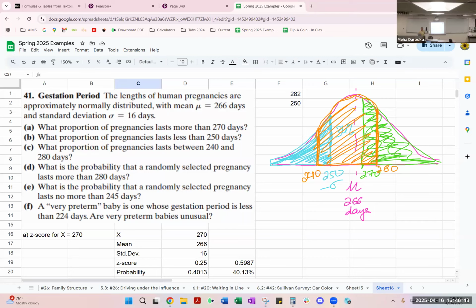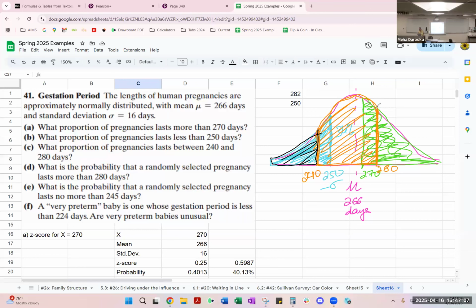If you will remember, whether you use the table or the built-in function, when we use the x value of 240, it's going to give you the area to the left of 240. When you use the x value of 280, it's going to give you the area to the left of 280. So basically think about this. When we do the area to the left of 240, it's going to give us this region, right?